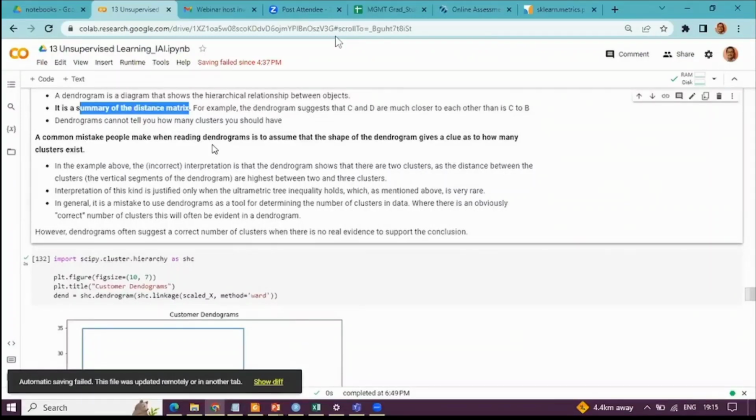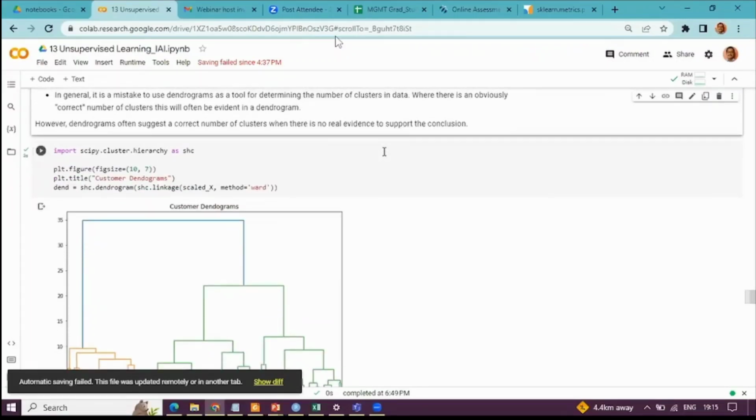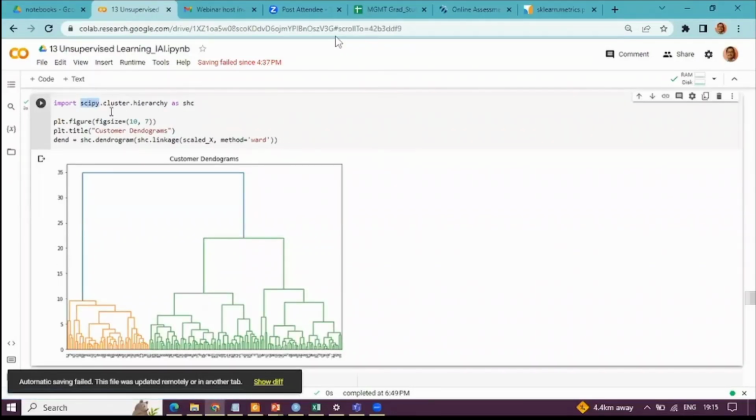So in general, it's a mistake to use a dendrogram as a tool for determining the number of clusters. You cannot use a dendrogram to determine the number of clusters in the data. It's always better to use the Silhouette score to determine the number of clusters present in the data. Now, how do I create that dendrogram? In SciPy, the scientific Python library, we have a module called cluster.